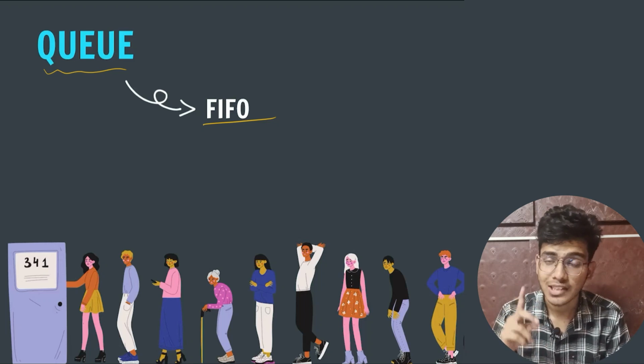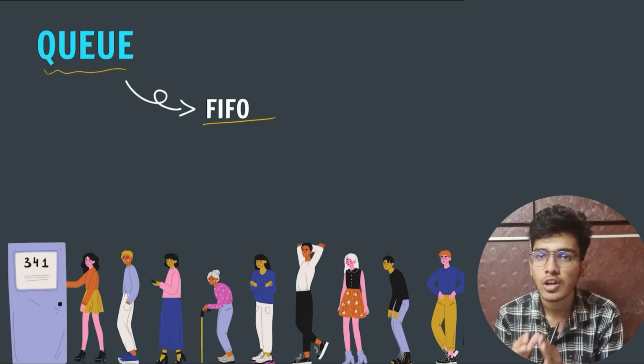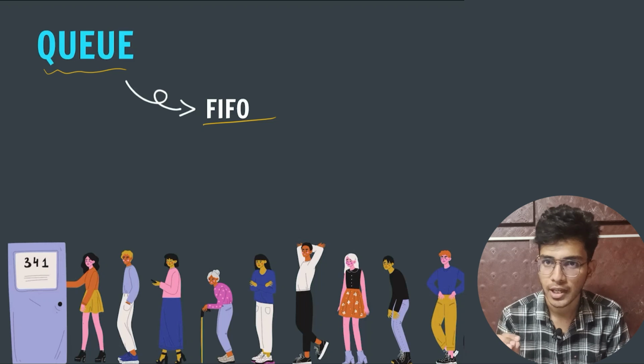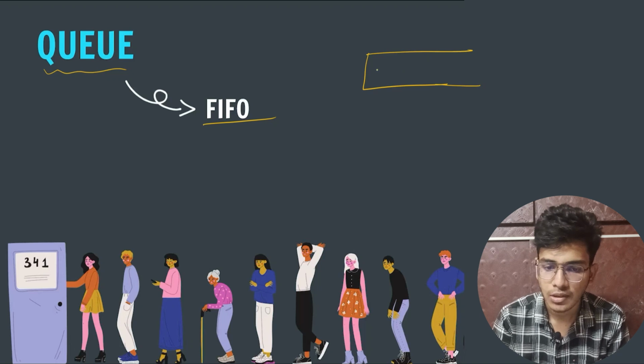If you study stack in detail, you can see that whatever operations we are performing on a stack are only with the topmost element, whereas in queue we have two terminologies. First of all, let me show you the visualization of a queue. A queue will look like this. Let's say that we are adding elements 1, 2, 3, 4, 5.